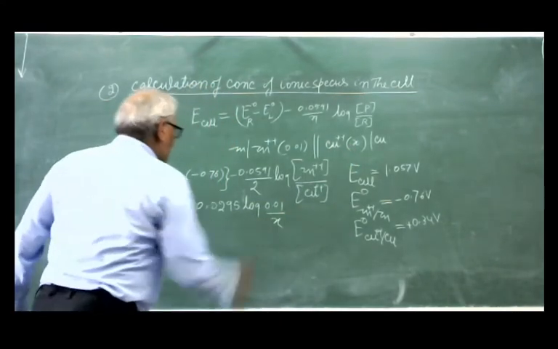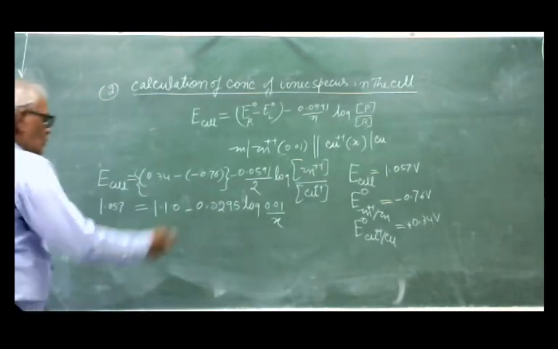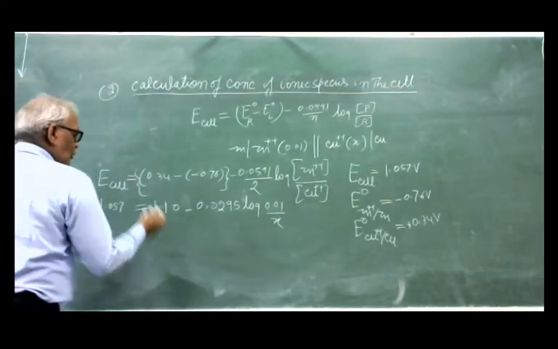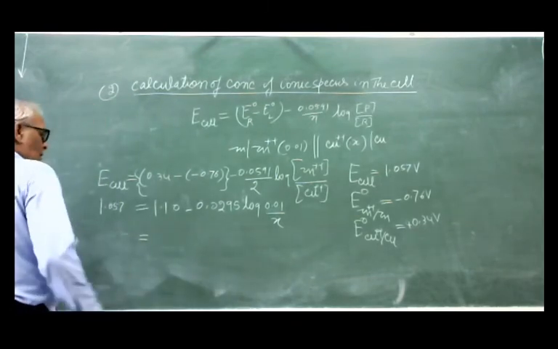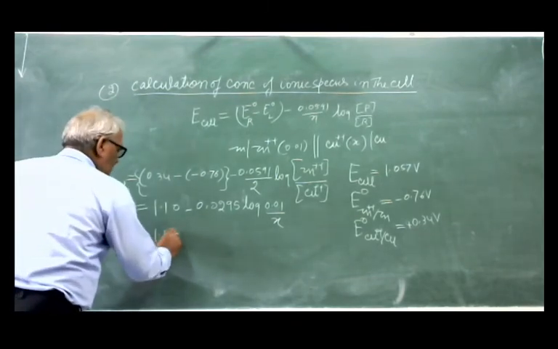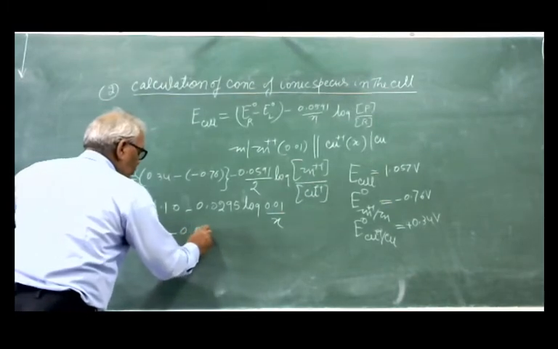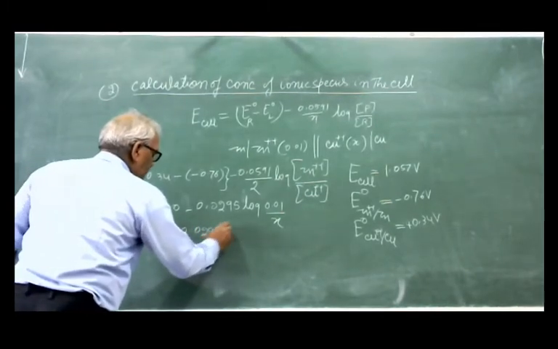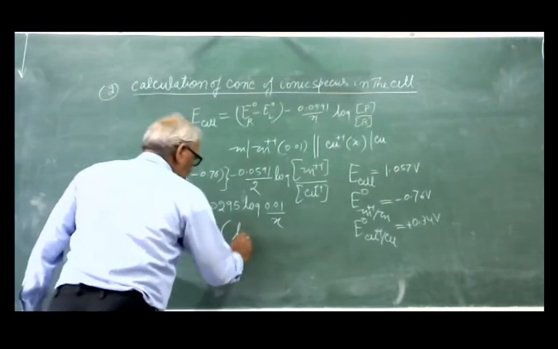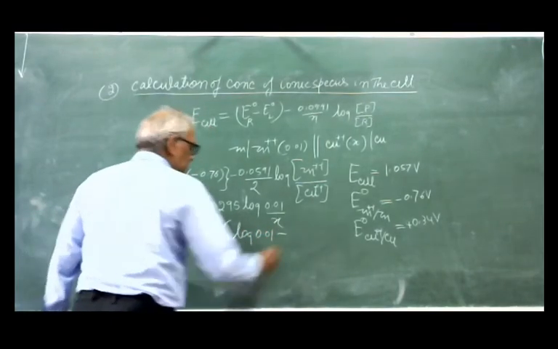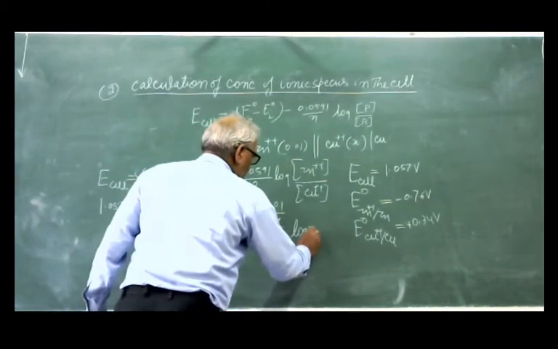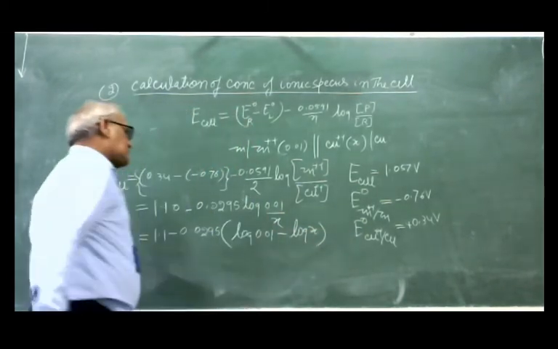So you make it like this. So you can say it is equal to 1.1 minus 0.0295 log 0.01 minus log X, like this.